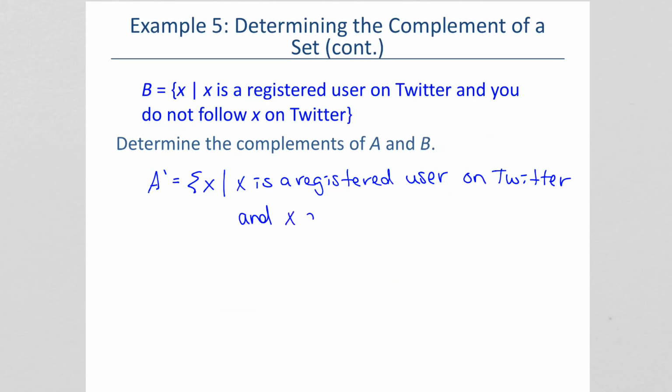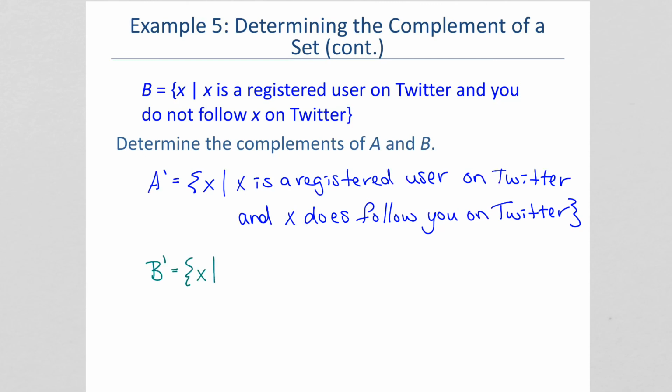So X does not follow you on Twitter. Okay? And then the complement of B, X is a registered user on Twitter.